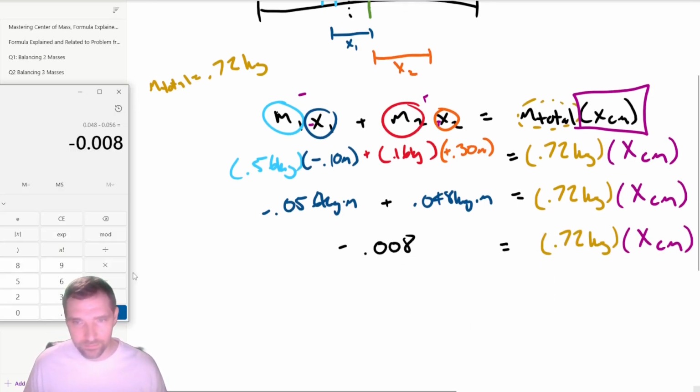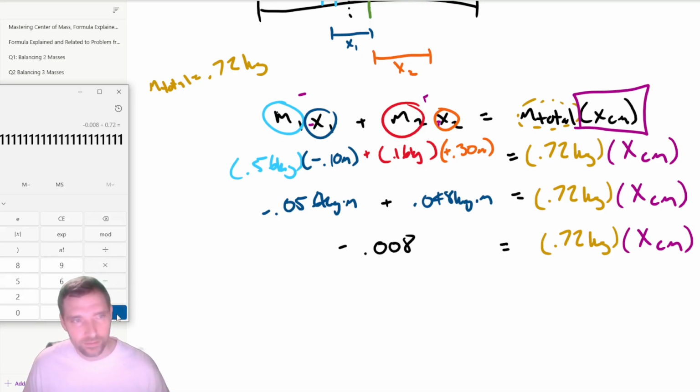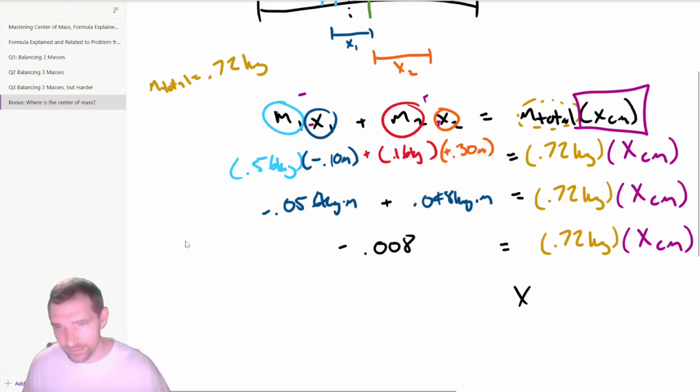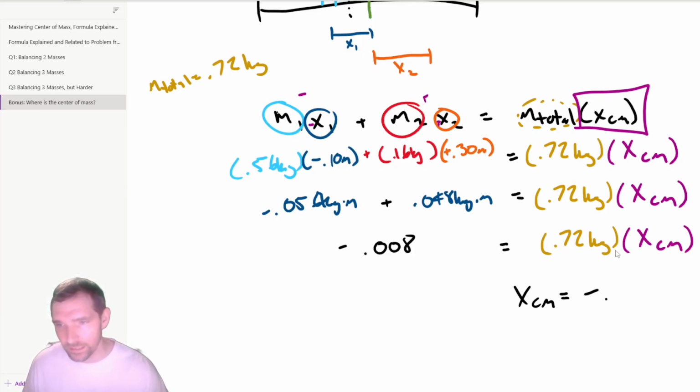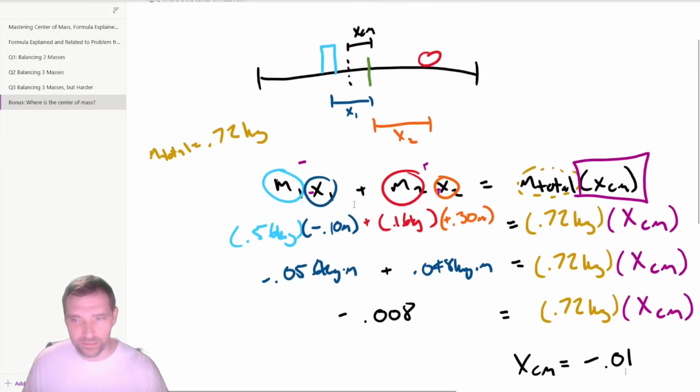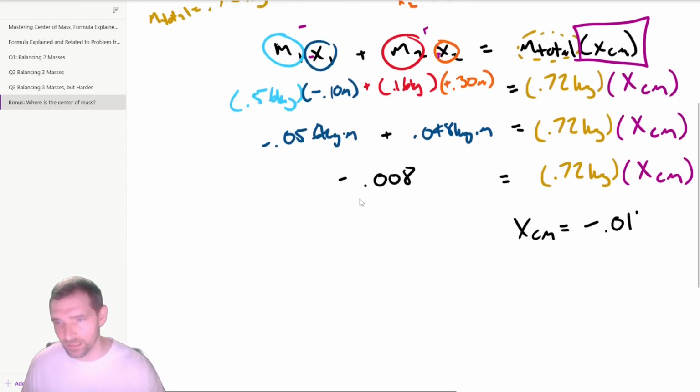And let's see, 0.008 divided by 0.72. Yeah, so this x center of mass is a negative number. It's slightly to the left, and it's not a tenth of a meter, but like a hundredth of a meter. If we're doing this to 2 sig figs, actually, this would be like 0.11.